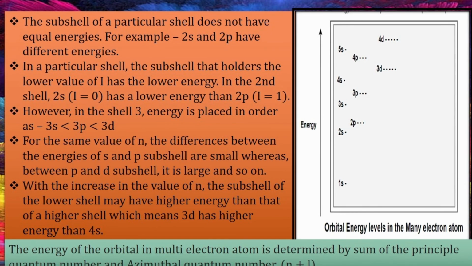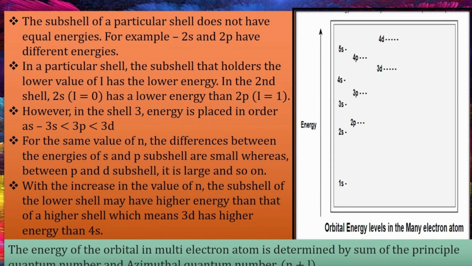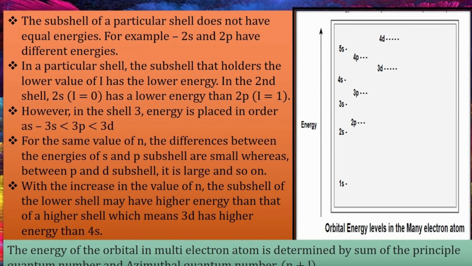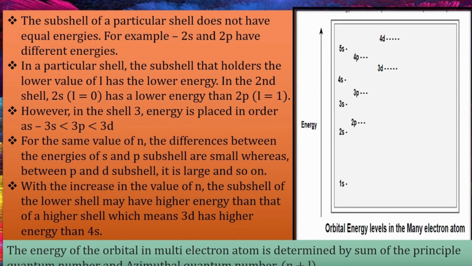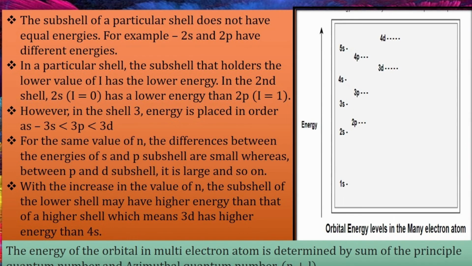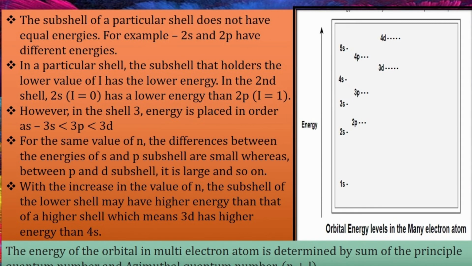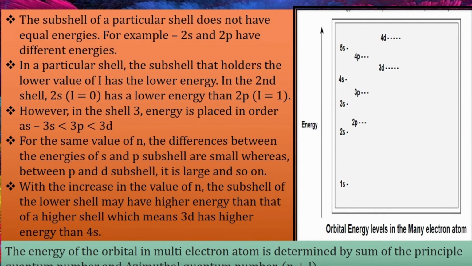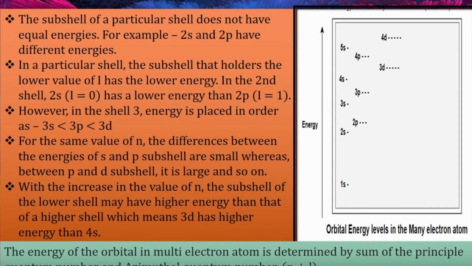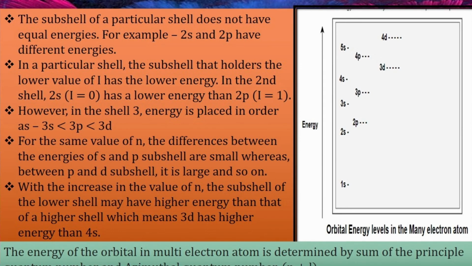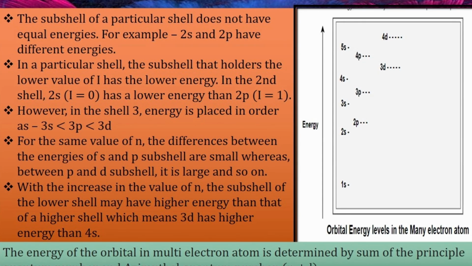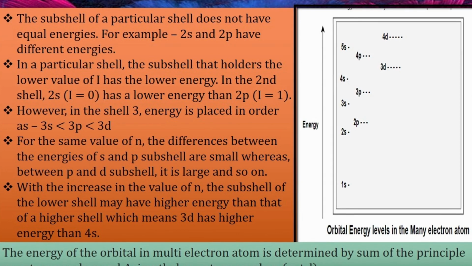Similarly, for the subshells with n equal to 3, the 3s subshell will have lower energy than 3p, and 3p will have lower energy than 3d. The difference in energies of s and p orbitals is small for the same value of n, but the difference between p and d orbitals is large, and so on.